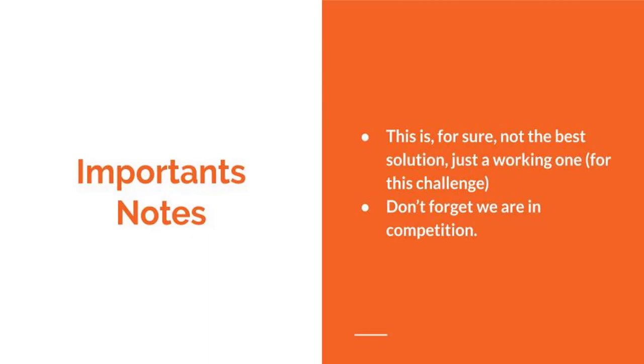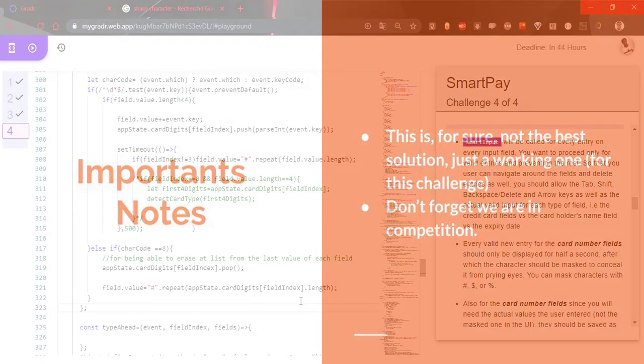I will never code like that in my regular jobs, but for a competition I can, because my goal is not to provide the best solution but to provide a working solution in order to go forward in the competition. So I just did it like that, but you should probably think about a better solution than that.